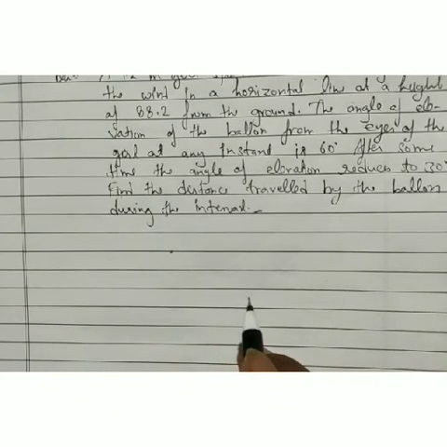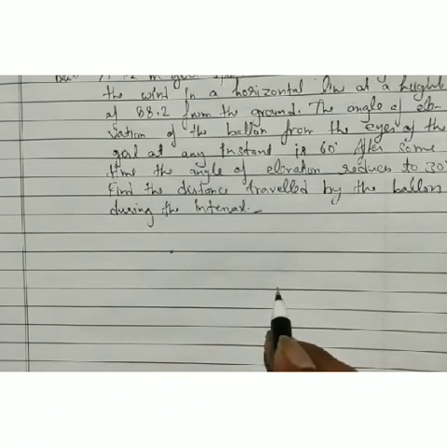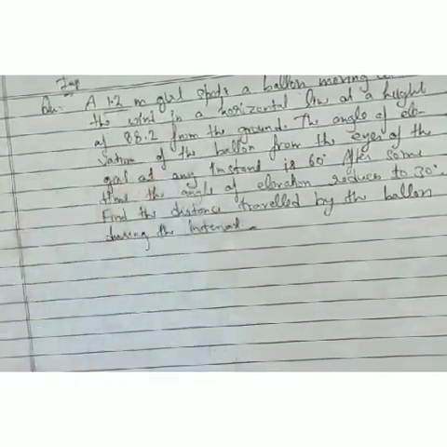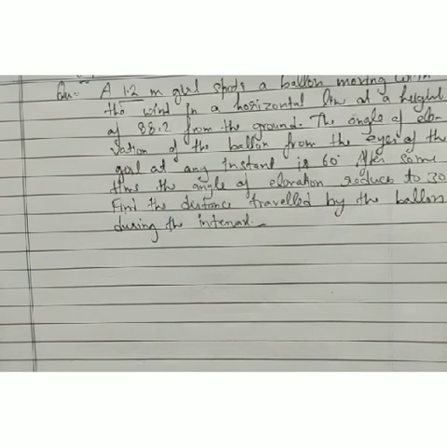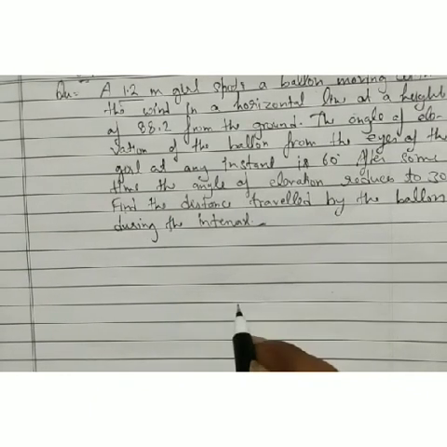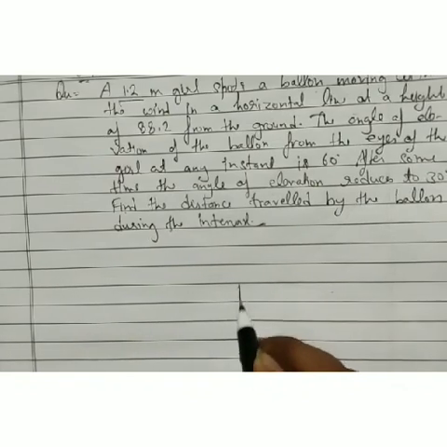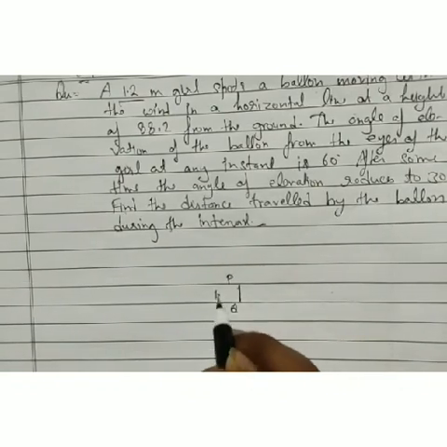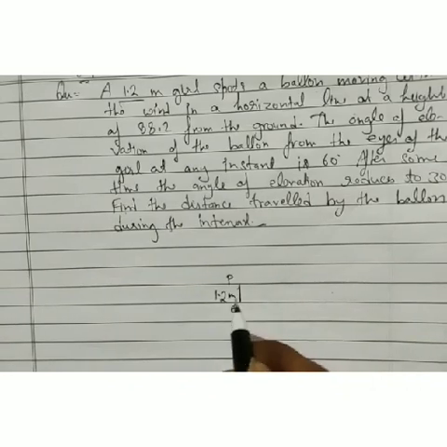Look, what we do? Just take up here the height of the girl. Suppose this PQ is the height of the girl. We take the height of the girl as 1.2 meter.